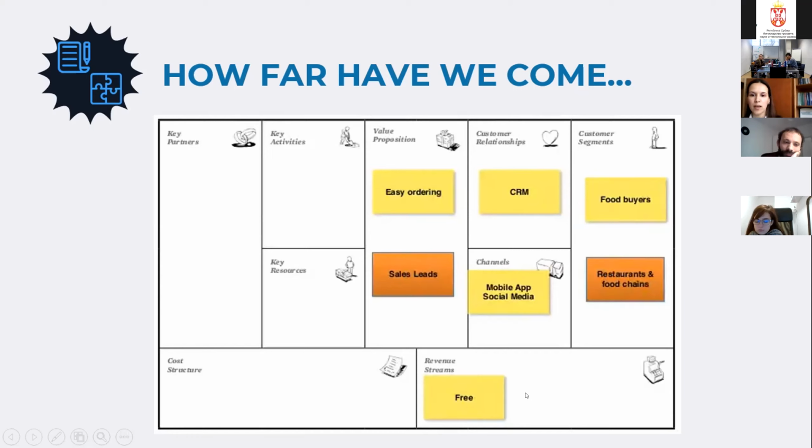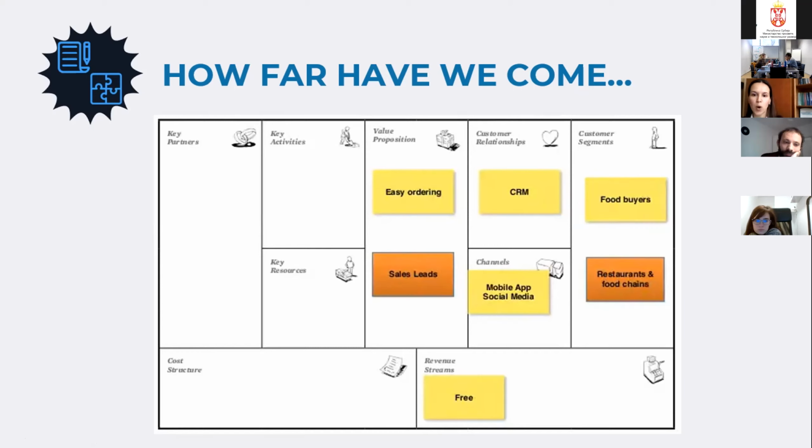And now it's time to move to the left side of the business model canvas to see what we need internally in order to deliver the value proposition to the identified customer segments. So now our focus is on the left side of the business model canvas. Our focus is on the business. We now have an internal focus.